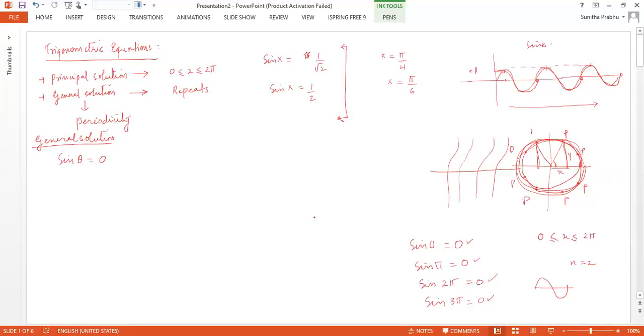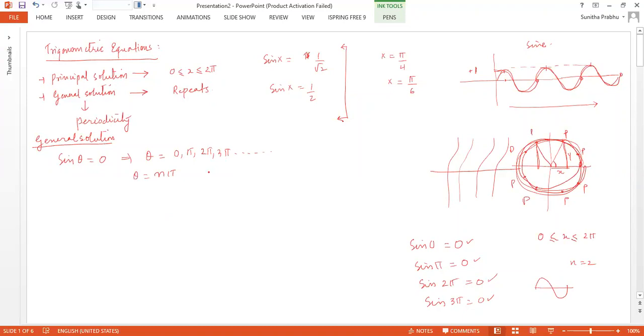By our observation, we say sine 0, 0 means my theta can be pi, it can be 2 pi, it can be 3 pi, and so on. So for this, what we do, we say, yeah, theta is equal to n pi.